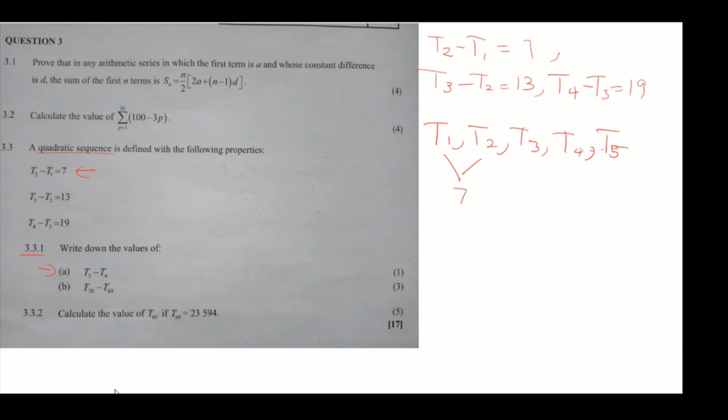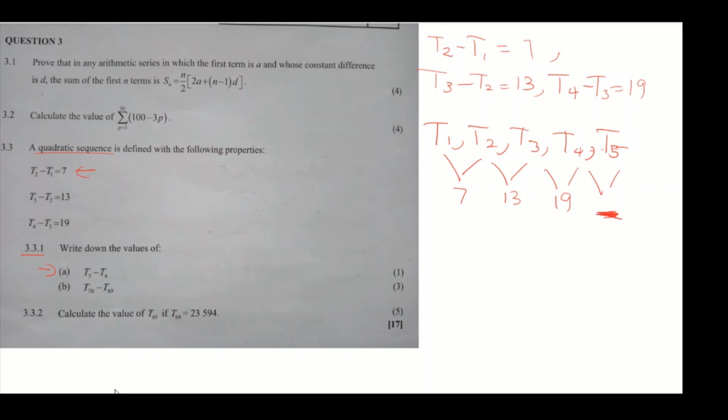Then t3 minus t2 is the second term of the first difference, so it's 13, and t4 minus t3 gives us 19. And this is what's required here, t5 minus t4.